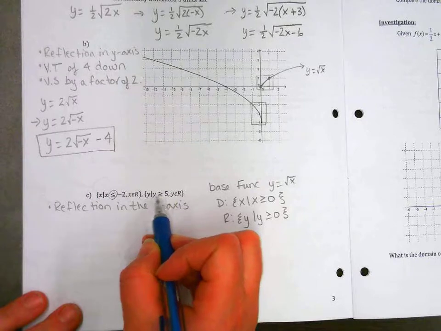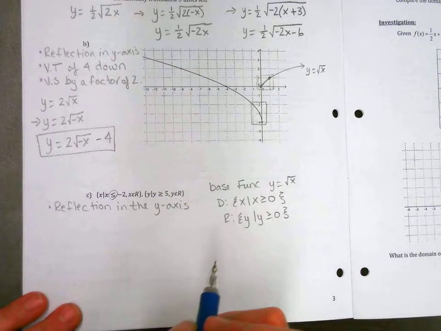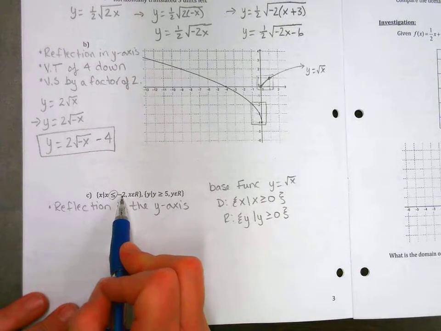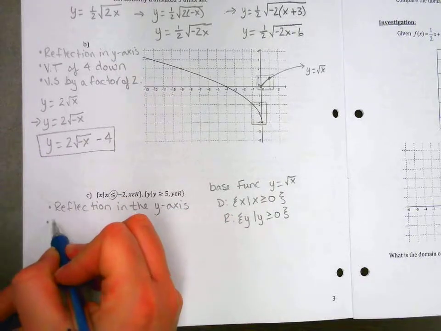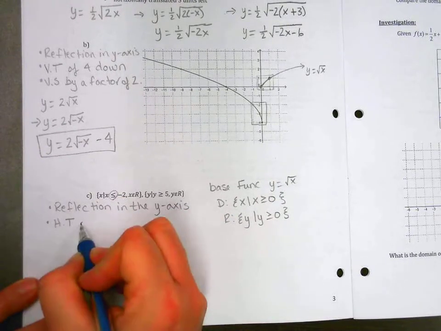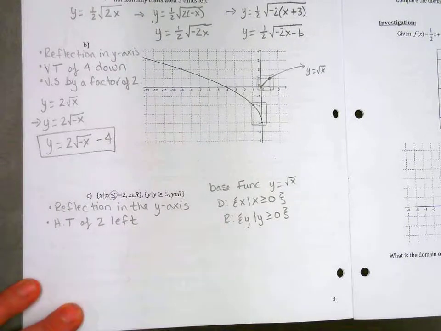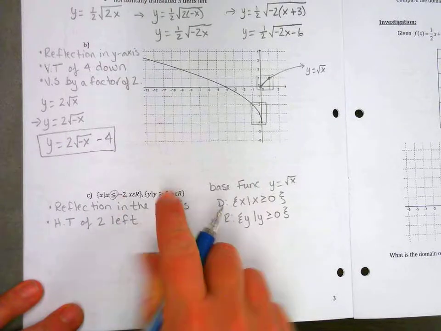Okay. What else has changed? The value of my domain has changed to negative 2, so this tells me there is a horizontal translation of 2 left. Negative 2 is a negative direction, so I'm going to go left. And the 5 tells me that there has been a vertical translation of 5 units up.